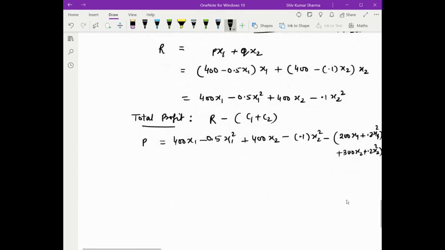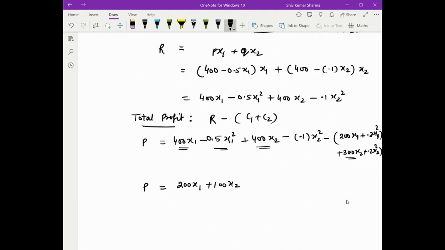So now we find out the profit. Profit P is 400 X1 and here 200 X1, so this is 200 into X1, and 400 X2 minus 300 X2, so that means plus 100 X2.